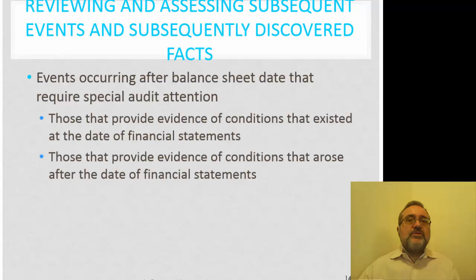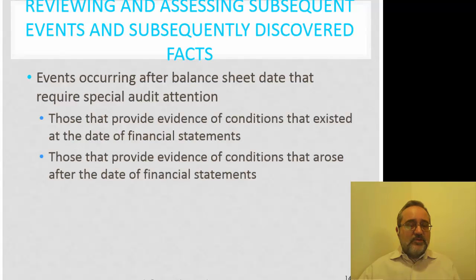We need to review subsequent events and subsequently discovered facts. Now, make sure that we understand what these are. In the next slide, we will discuss these. But what we're talking about are events that occur after the balance sheet date. And there are some very specific time frames related to subsequent events and subsequently discovered facts.